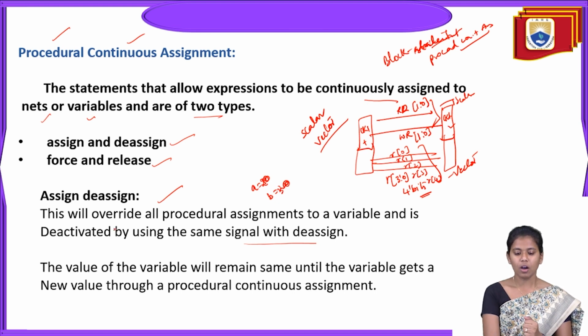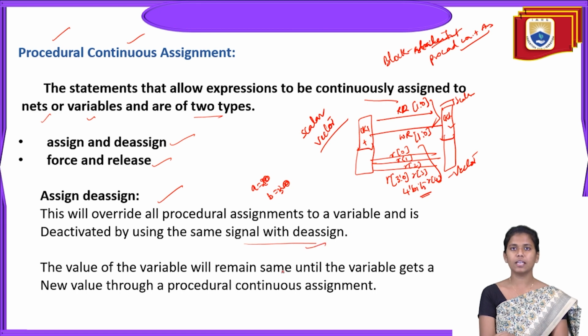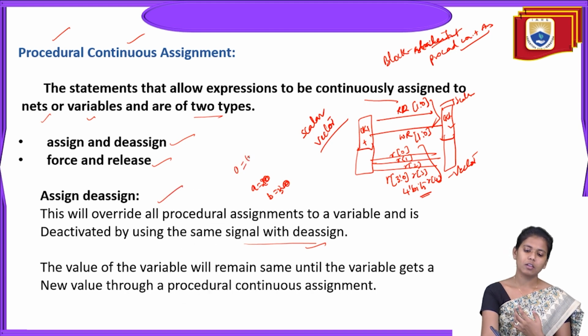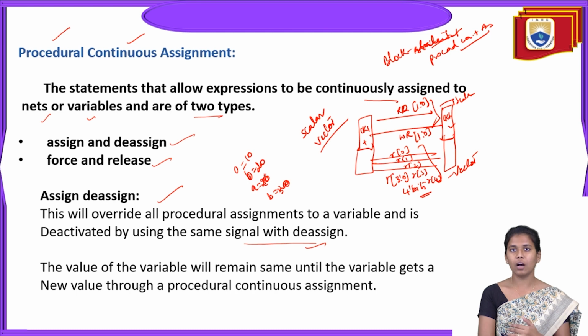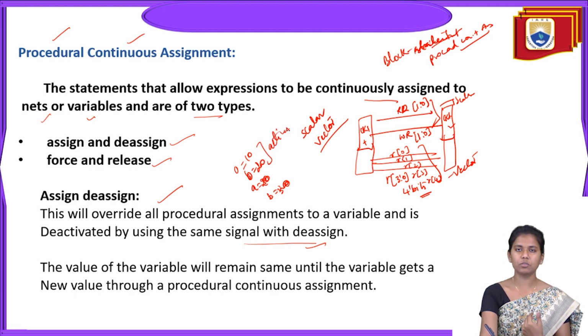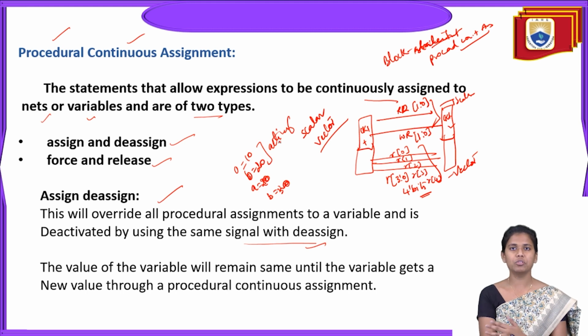So this will override all the procedural assignments to a variable and is deactivated by using the deassign keyword. If I want to assign some values onto a variable, I can assign directly a is equal to b and b is equal to 20. When I'm assigning, it is activated, right? Now I want to deactivate.